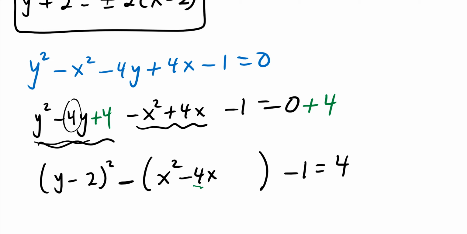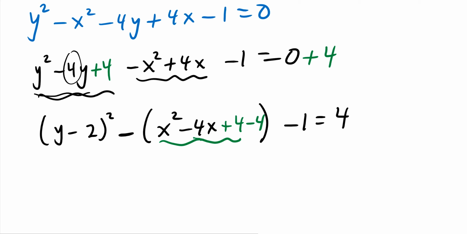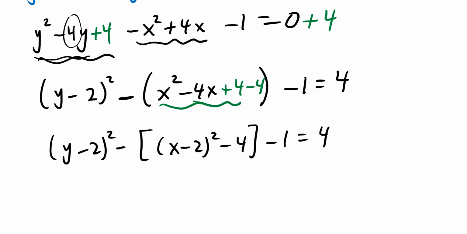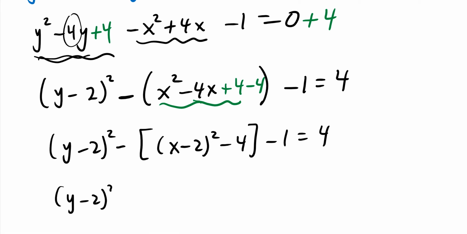Then divide this by 2, you get 2. Squared, you get 4. Add 4 and subtract 4. So this can be written as completing the square: x minus 2 squared minus 4 minus 1 equals 4. So then y minus 2 squared minus x minus 2 squared plus 4 minus 1 equals 4.